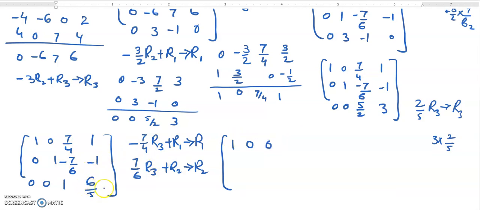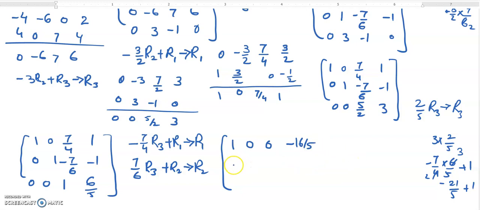Now we need to check, because we multiplied by minus 7 by 4, and this value is 6 by 5, and then it has to be added to 1, so we need to calculate it. Yeah, so this will be 2, this is 3, so minus 21 by 5 plus 1, so it will be minus 16 by 5.